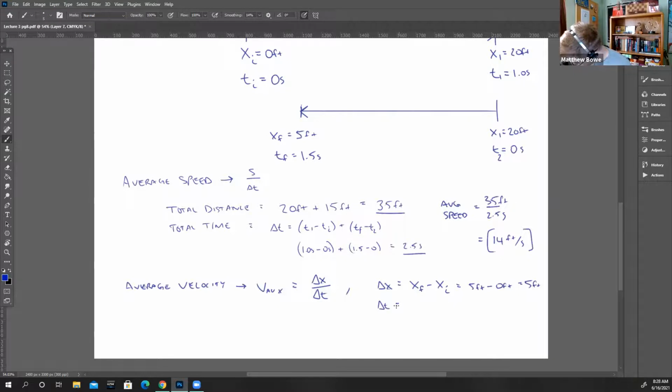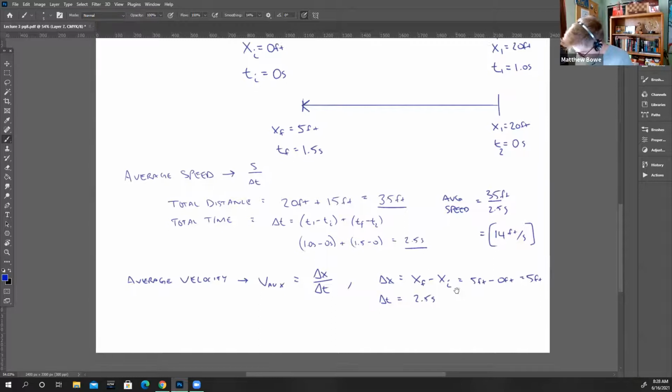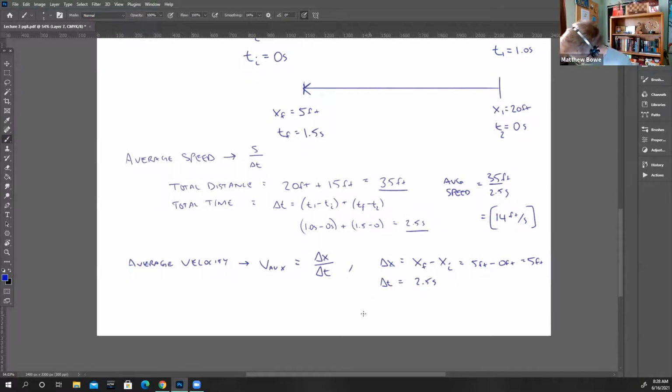Delta t, that is going to be the same as the first one, for the first part. So we have 2.5 seconds. Ultimately, we have the answer of the average is equal to 5 feet over 2.5 seconds, 2.0 feet per second.